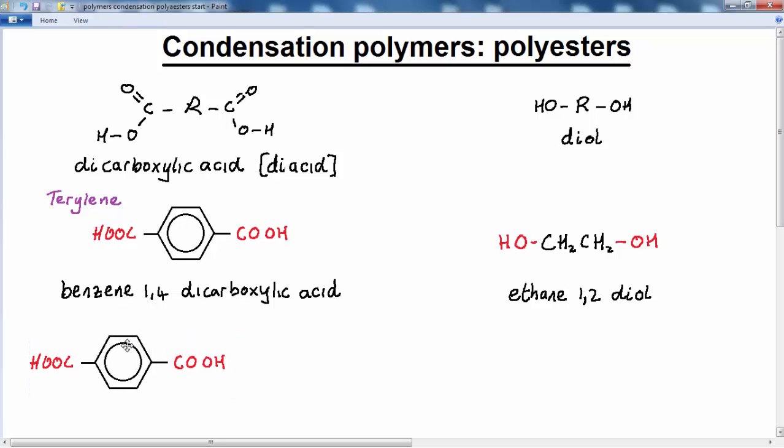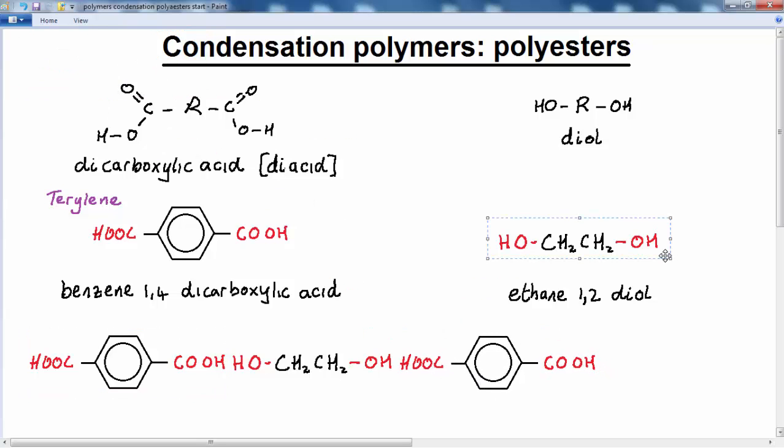So we've got the diacid, then the diol, then the diacid, then the diol, and as each of these monomers comes together a water molecule is removed.